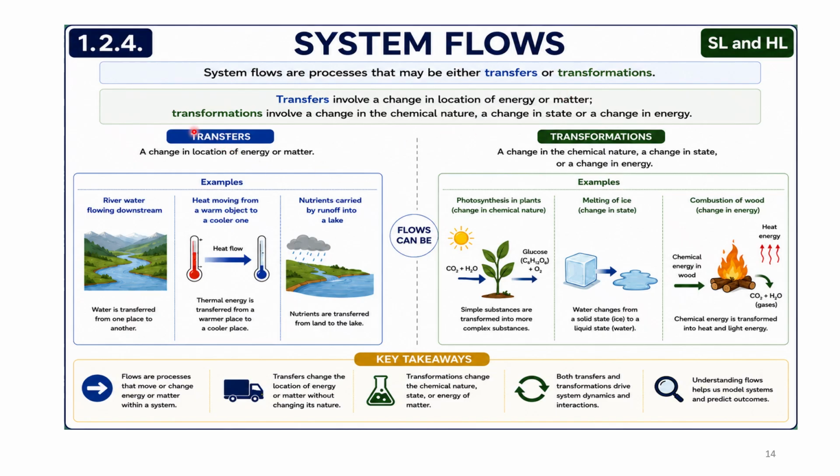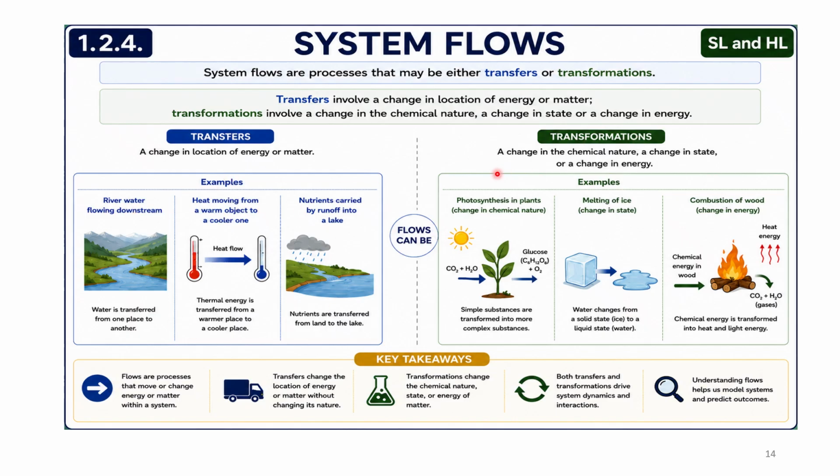For example, river water flowing downstream transfers water from one place to another. Heat moving from a warmer object to a cooler one transfers thermal energy. Similarly, nutrients carried by runoff into a lake represent the movement of matter across the landscape. In each case, the material or energy remains essentially unchanged.